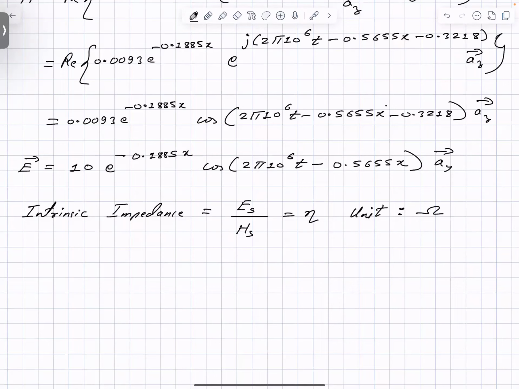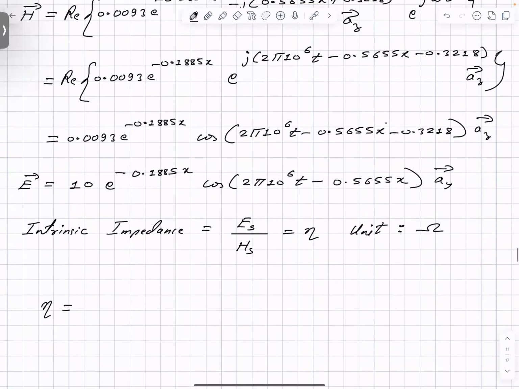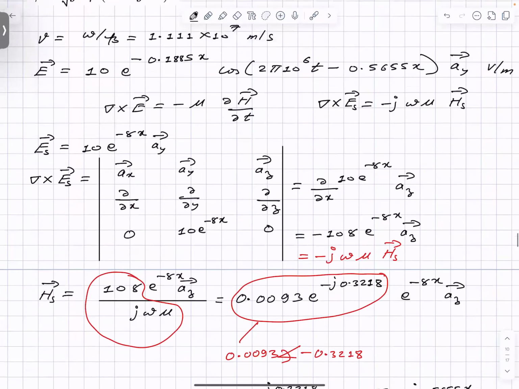Okay, now what is the impedance for this problem? So we have to go back to the phasor form for ES, and it is right here. This was electric field, so let's copy that. And then we copy the magnetic field in phasor form. We cannot do this in time domain.